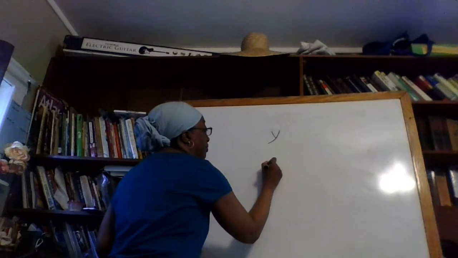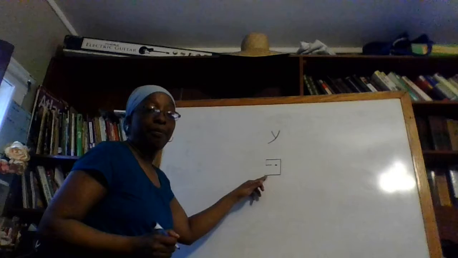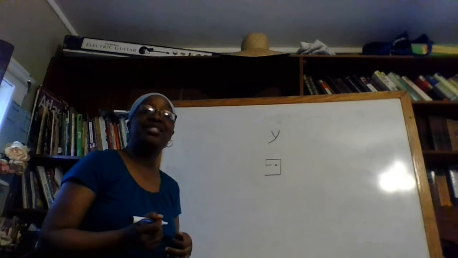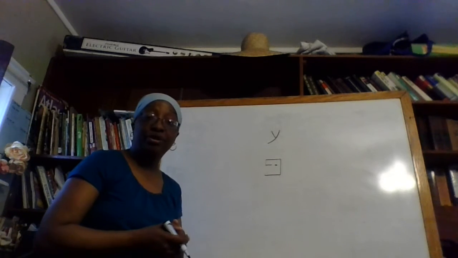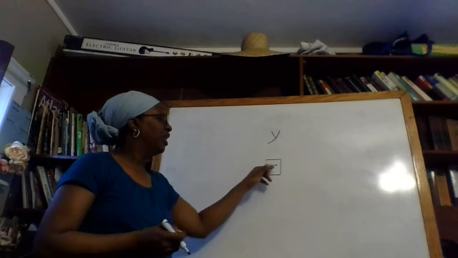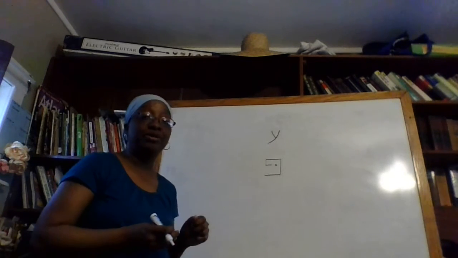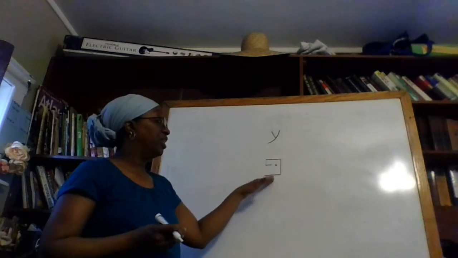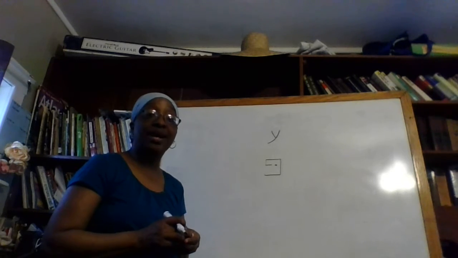Next, you have pay. Pay makes the P sound, like in pay, like in paper. And it has a dot right there in the middle, which is called a dagesh. So when you see that in this letter, it makes the P sound.